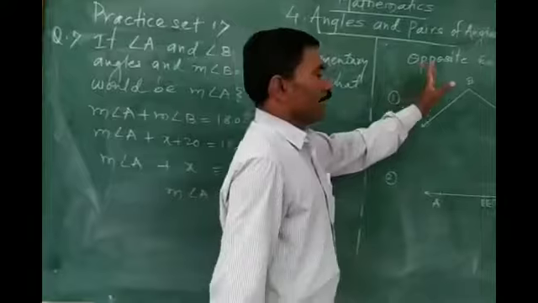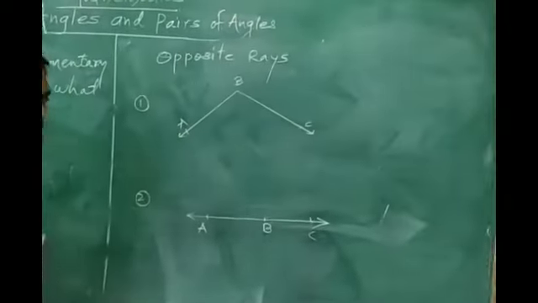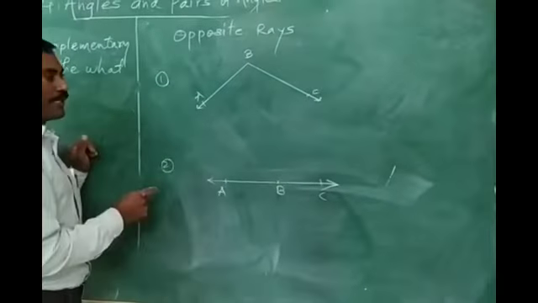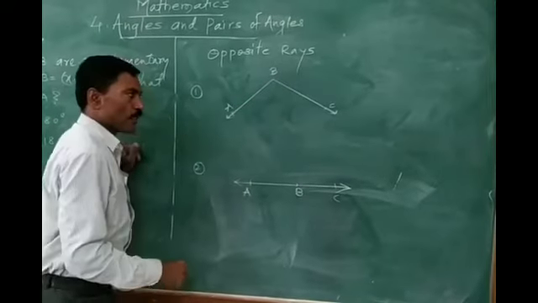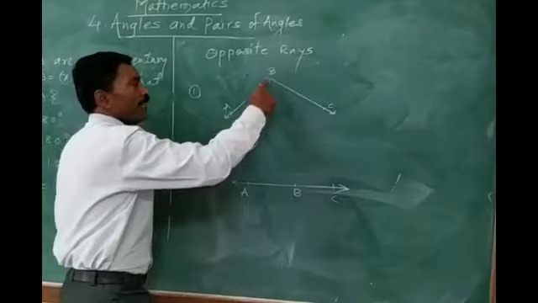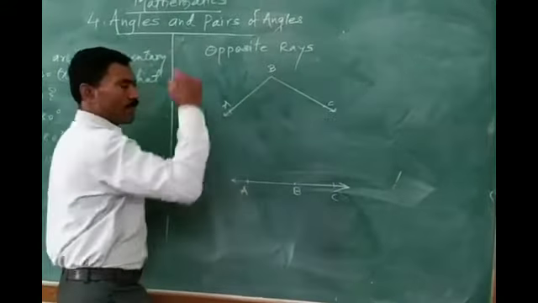Now, next concept, we are going to see opposite rays. Here, there are two figures. In the first figure, angle ABC is drawn, and arms of the angle ABC are ray BA and ray BC. Both of these arms have got common vertex.